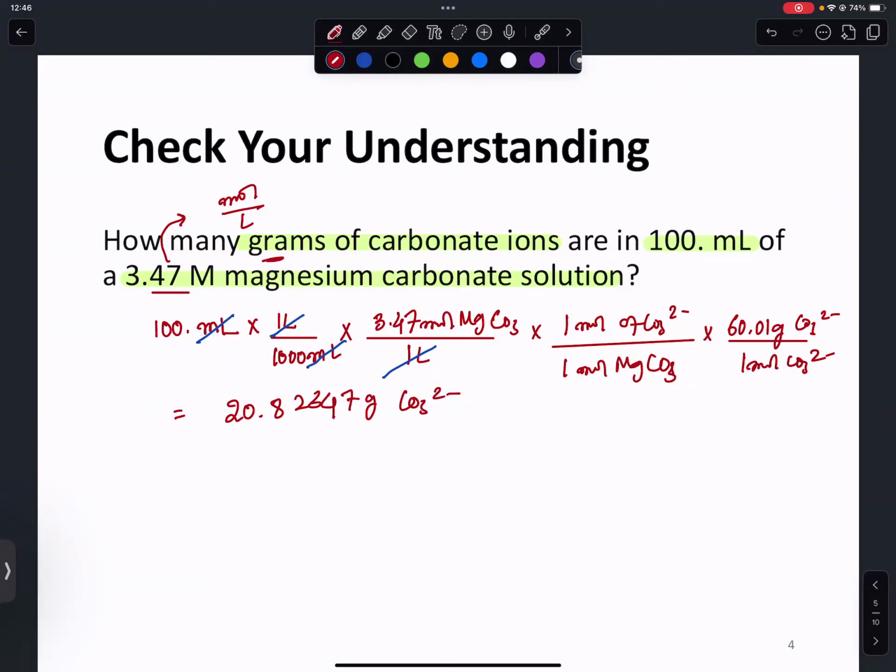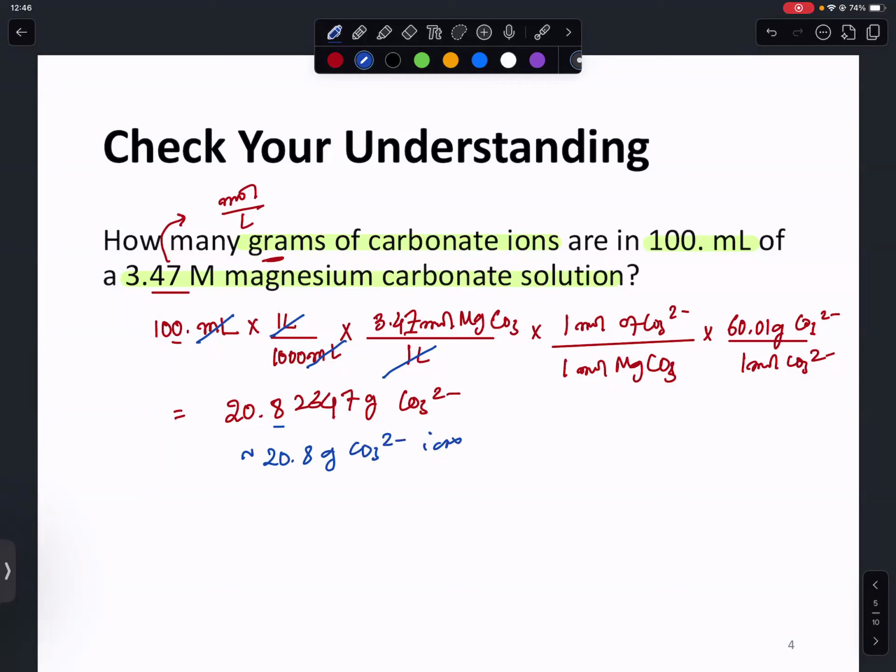Now let's look for the lowest amount of sig figs. Looking here, it's 3 sig figs. So in this case, it's going to be 20.8 grams of carbonate ions.